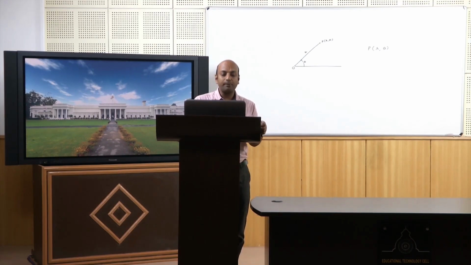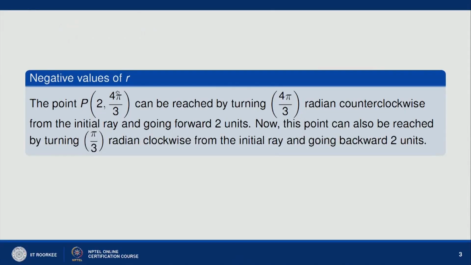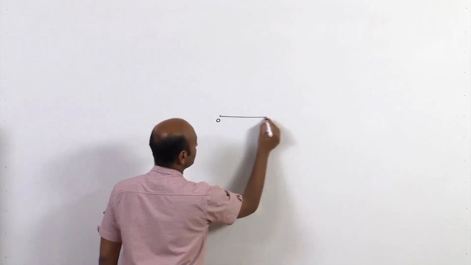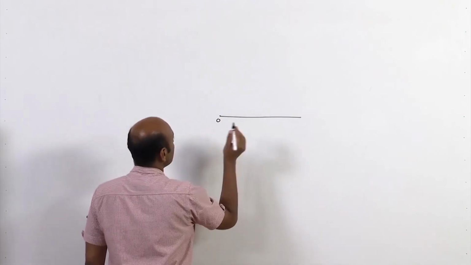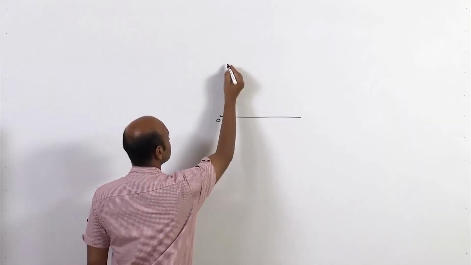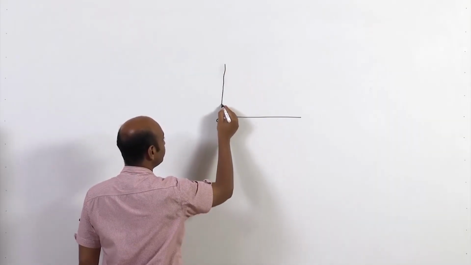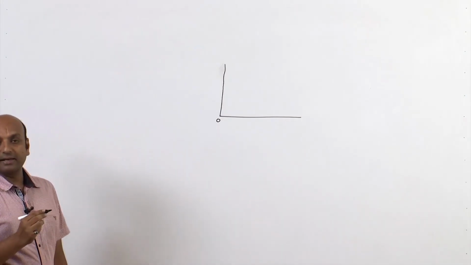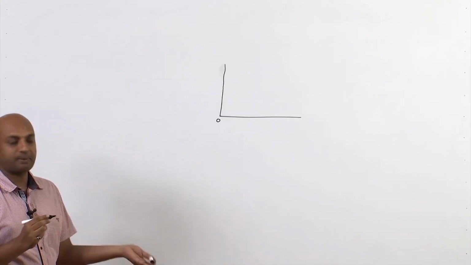For example, you take a point P which is 2 comma 4 pi by 3. Now what is this point? Now this is the pole, this is the initial line. Okay. Now this is theta equal to pi by 2. Now theta is 4 pi by 3, that is pi plus pi by 3.